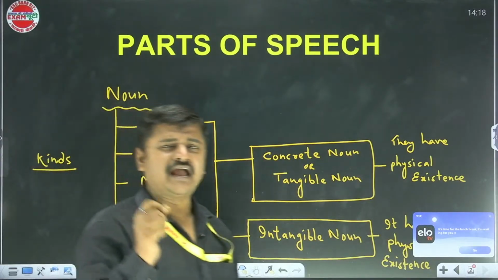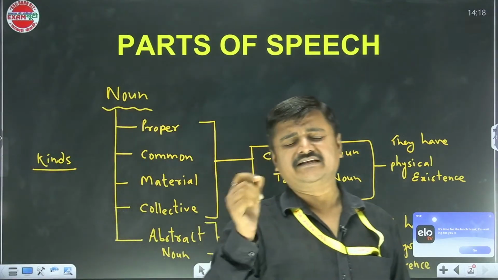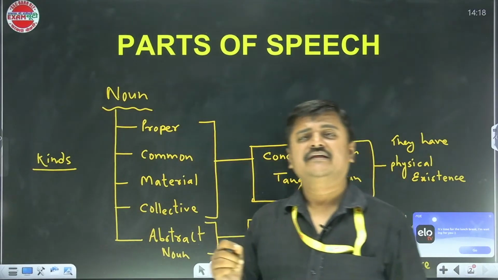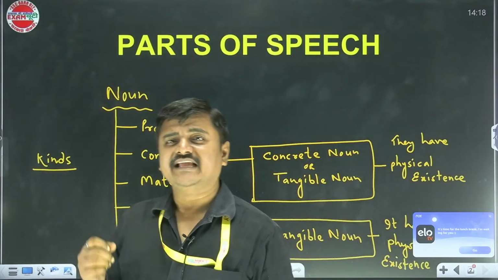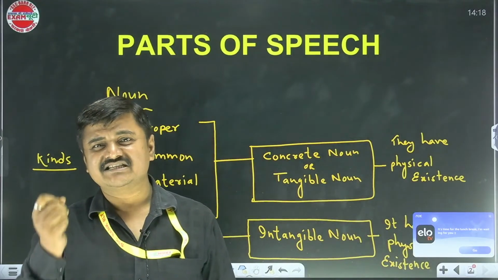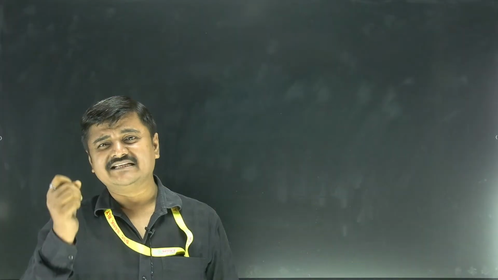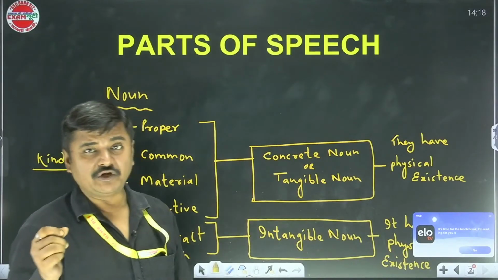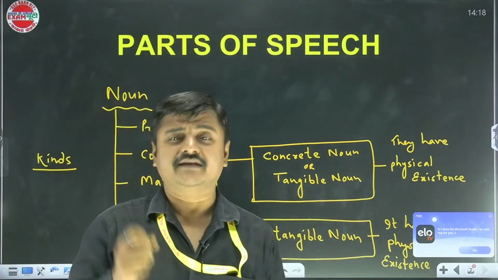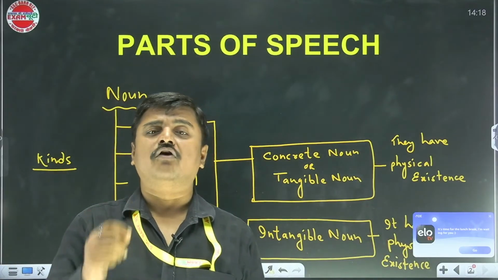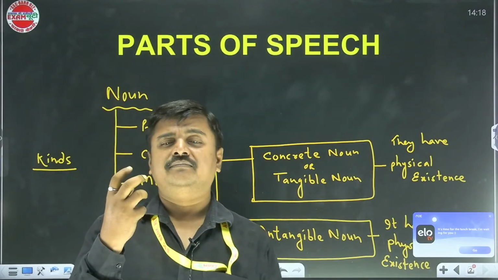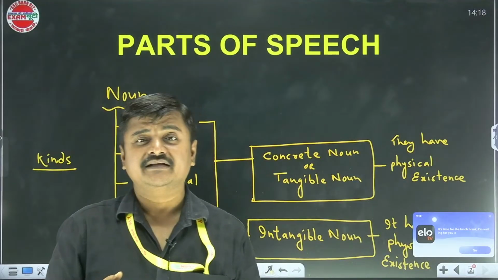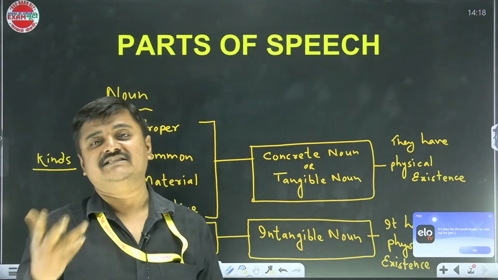They don't have any of these characteristics. That's why we say that they do not exist physically. And that's why the name they have been given is abstract, intangible.